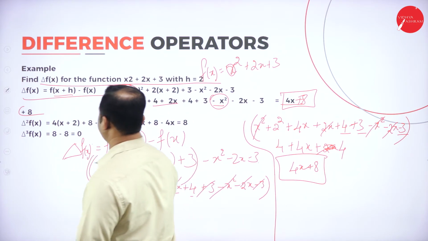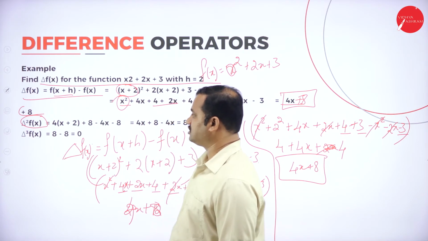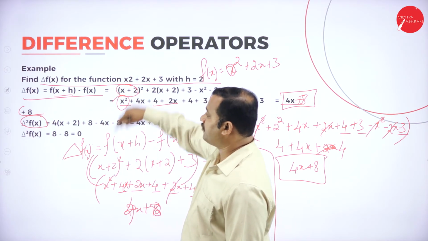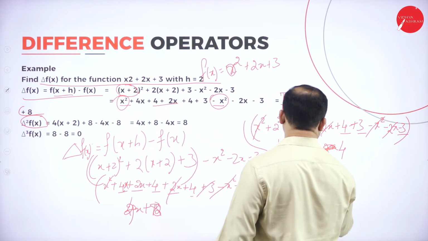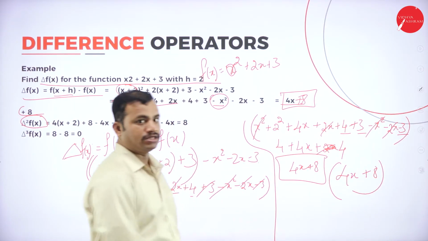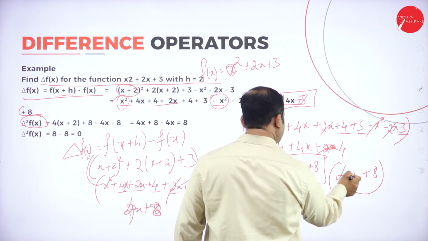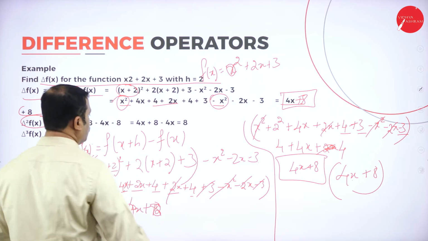If that is the case, we have the second difference, that is Δ²f(x). We are going to consider 4x + 8, the equation considered for Δ²f(x). This has to be evaluated with x+2.